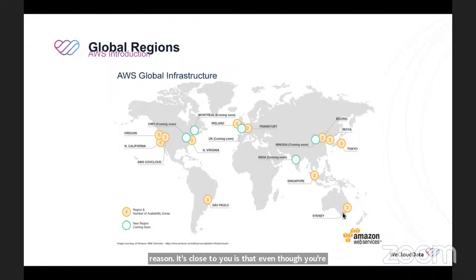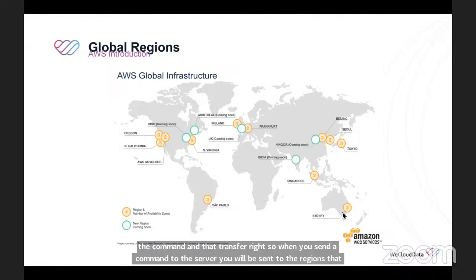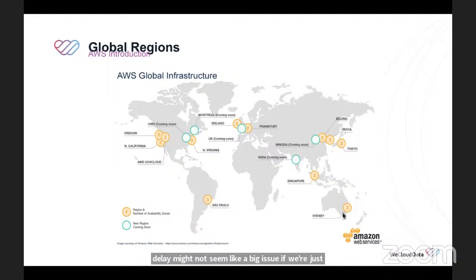That delay might not seem like a big issue for simple commands. But imagine that you're doing this on a daily basis, sending multiple commands throughout the day. That delay does add up. So the best practice is to choose a region that is closest to you.